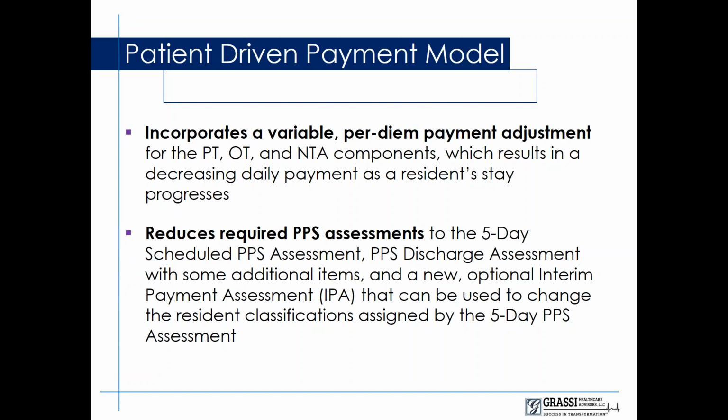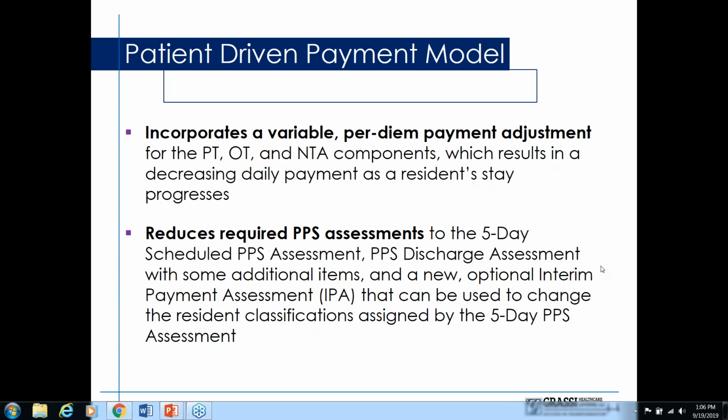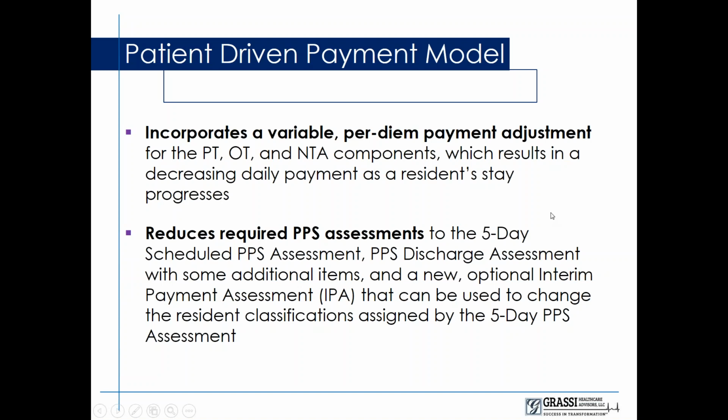It also reduces the number of PPS assessments. We only need to do the 3-day assessment, which can be done anywhere from day 1 to day 7, I believe, and a discharge assessment. And then there's a new interim payment assessment, probably the best way of describing that is the old significant change assessment.